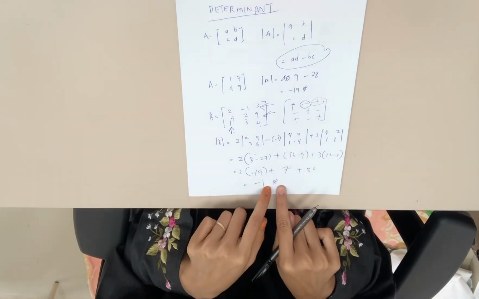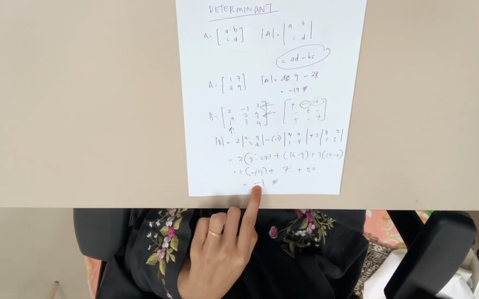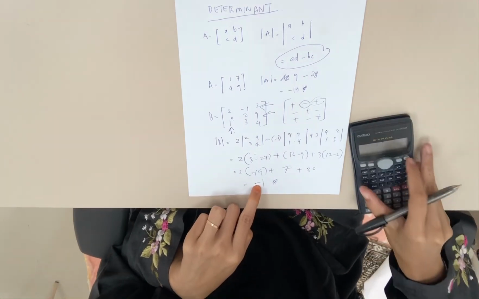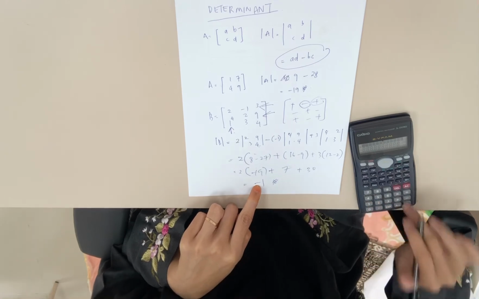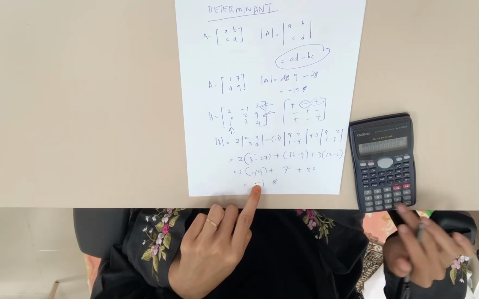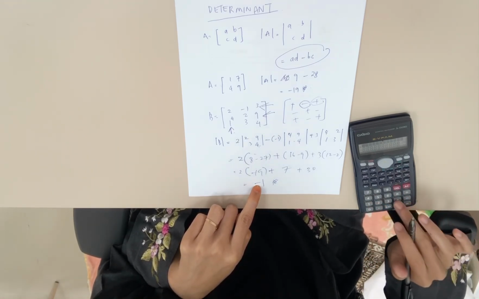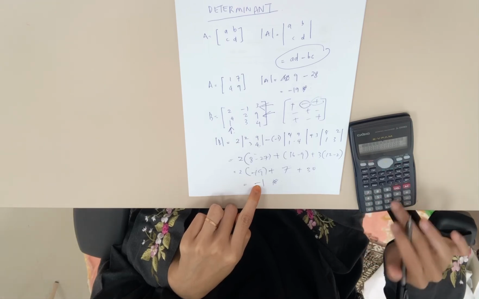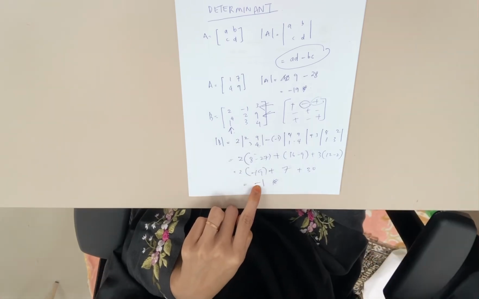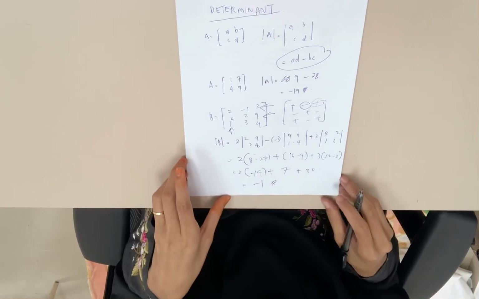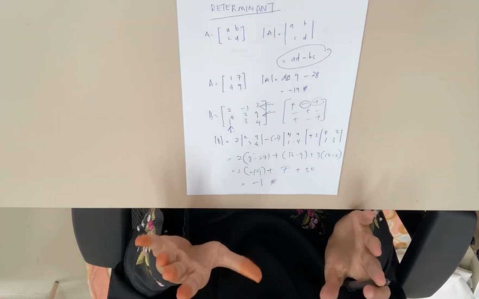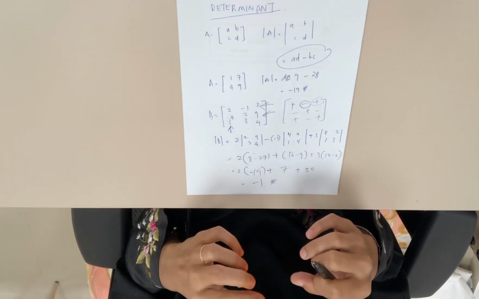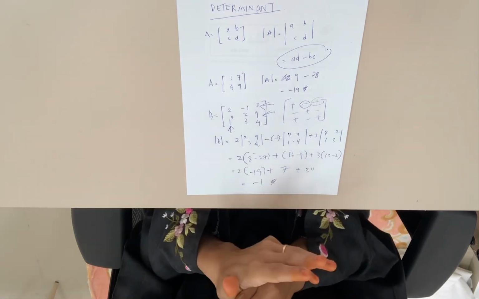Do you get -1 or not? Is this -1 correct? Let me calculate again. 8 minus 27 is -19, so the answer is -1. So this is the basics for 3x3 and 2x2 matrices.